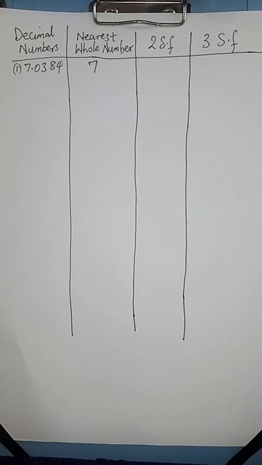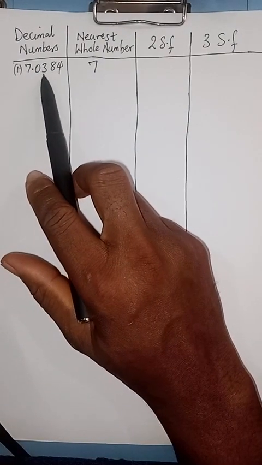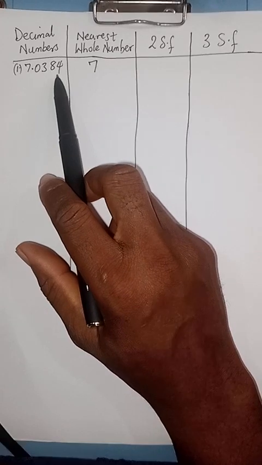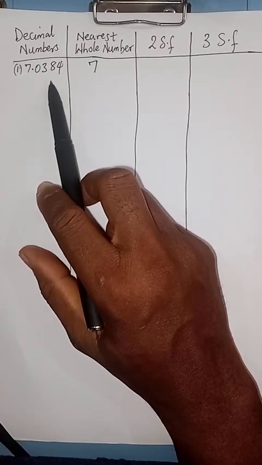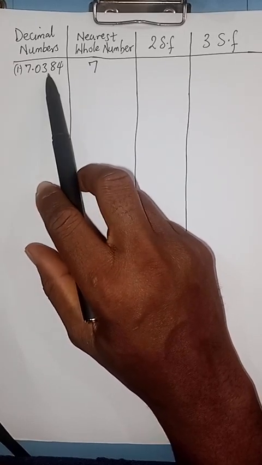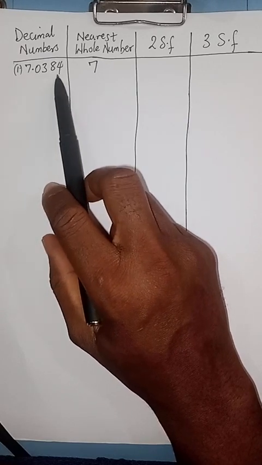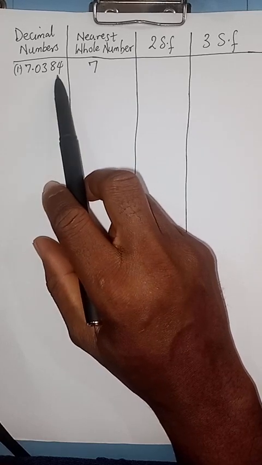But what about significant figures? Here, I have 1, 2, 3, 4, 5 digits. They are all significant, even the 0, because the 0 is in between two significant figures. So the question now is, how many significant figures do I have here? I actually have 5 significant figures.